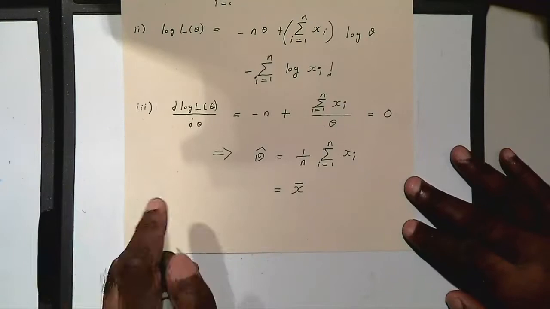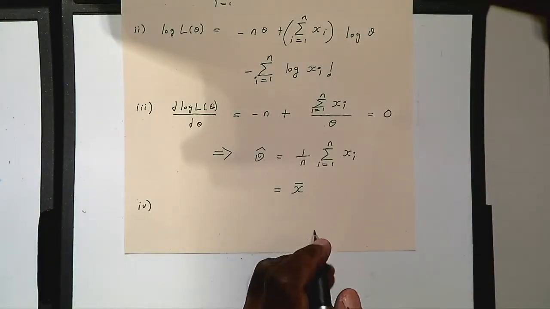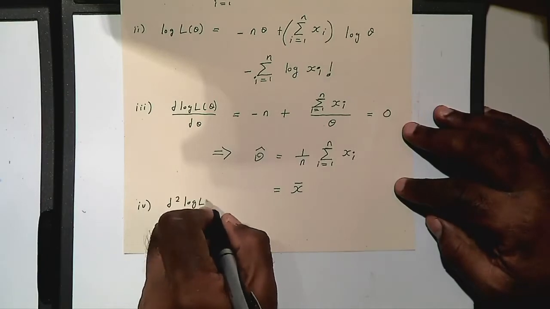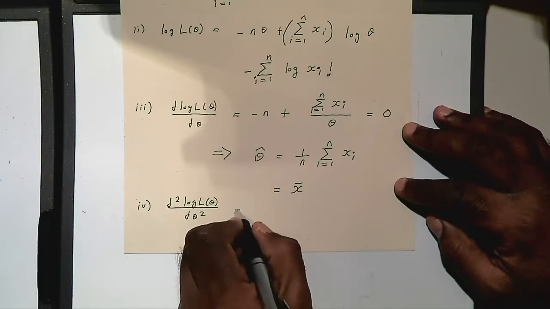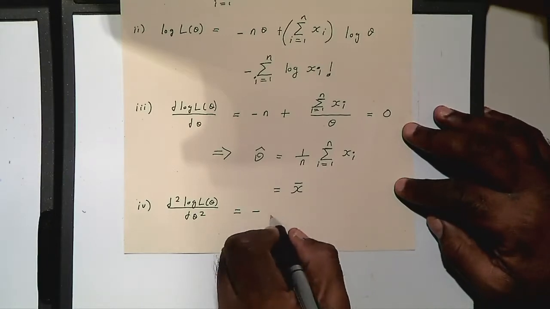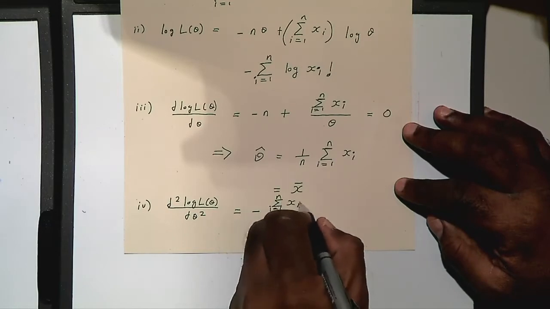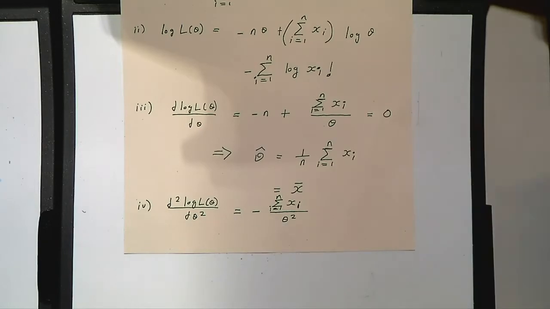Now, maybe I could do it here. Okay, now step number 4 is to take the second order derivative, right, which is this, yeah.